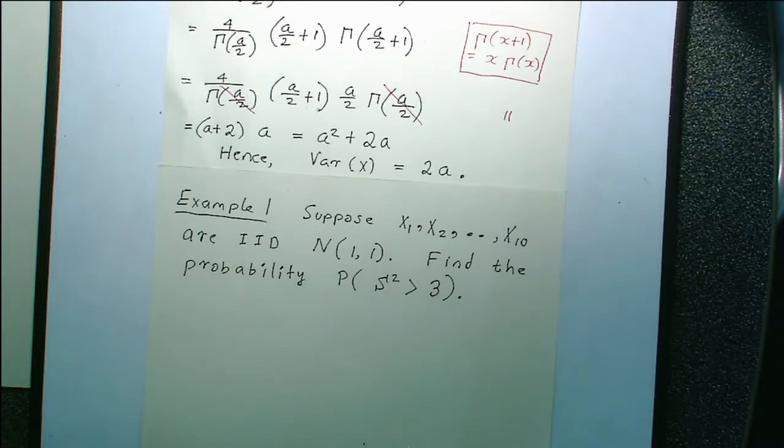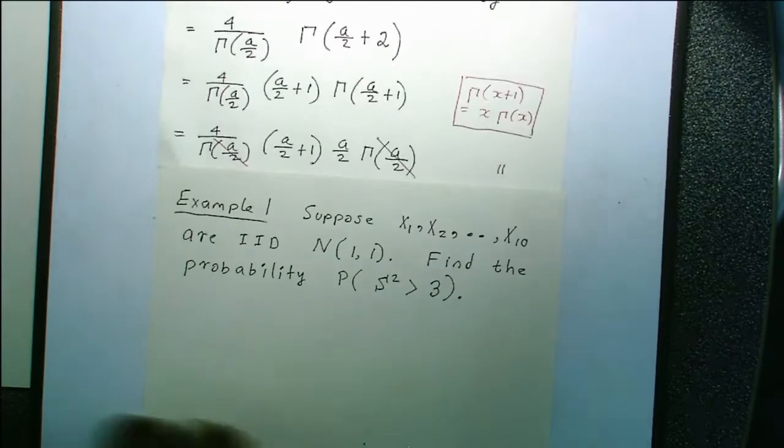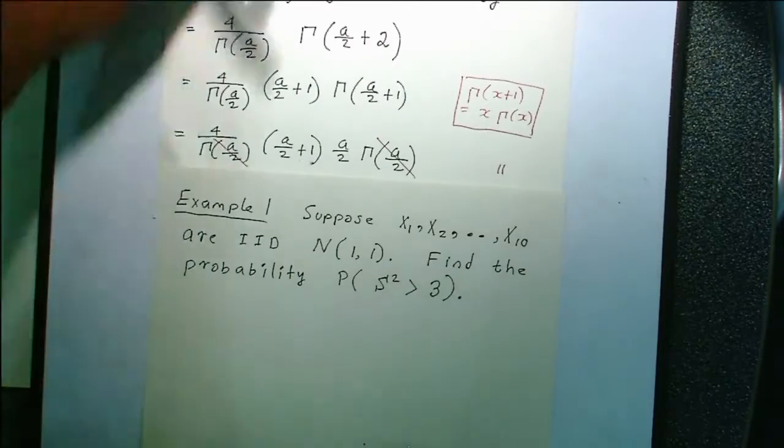Right, so we have a random sample from a normal distribution with mean 1 and variance 1. We want to find the probability of s squared. Remember, s squared is a sample variance. A couple of weeks ago, I gave a formula which was not correct, but I think I corrected that online. I corrected the formula for s squared online.